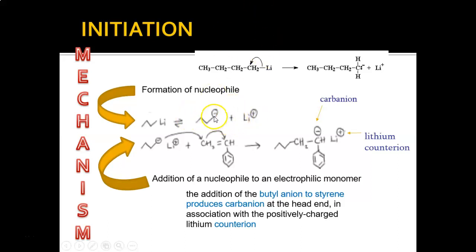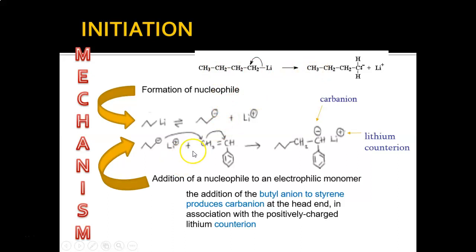This is the full version of the carbanion: CH3 here, CH2, CH2, and C with an electron pair together with the negative charge. If you want to write in this form, it is okay, and if you want to write in this form, you also can.